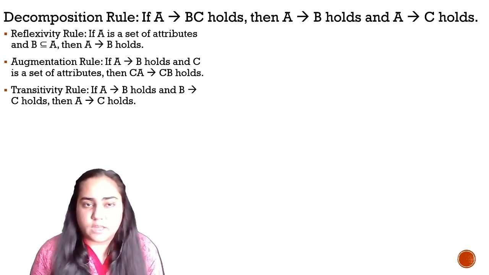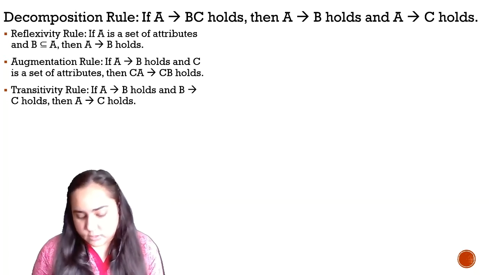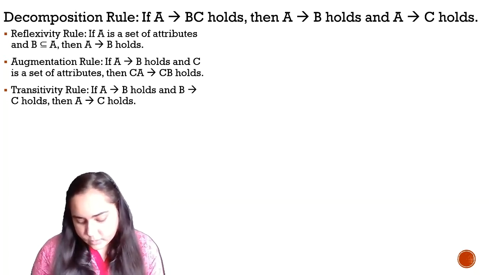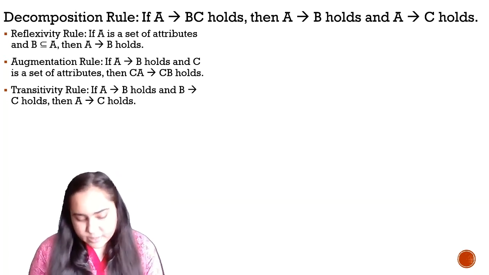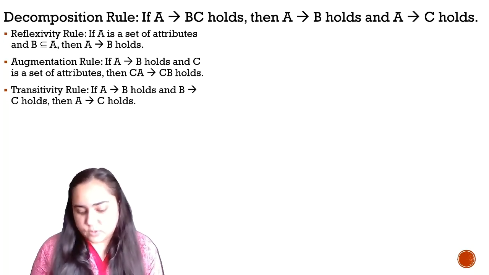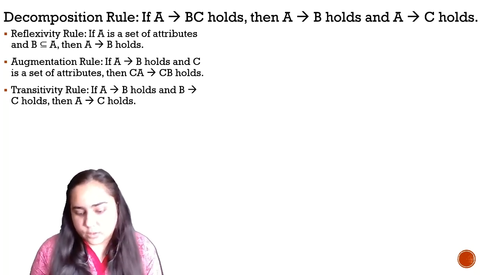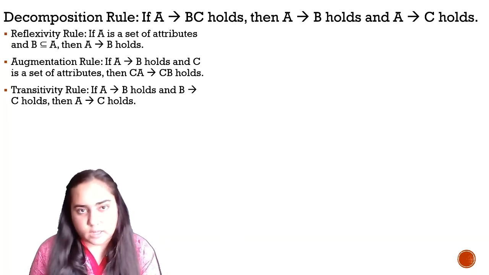So here, if A determines BC, then we can split it up and say that A determines B and A determines C. And once again, we are given the three basic rules to be used in order to prove the decomposition rule. So let's start by proving these two things one by one, because we have two. We are going to prove one first and then the next.